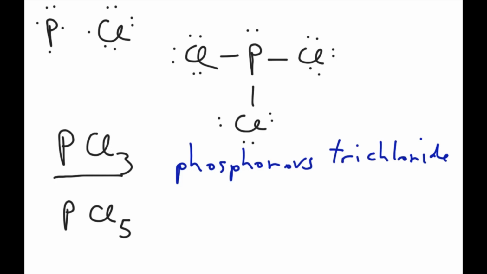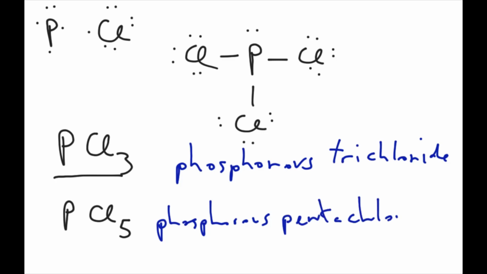Same thing with the next molecule. We go through and we also say that it's phosphorus, but instead of 3, we have 5, which we're going to call penta. So we have phosphorus pentachloride. So this is telling us that we've got the 5 chlorine atoms attached to 1 phosphorus atom.